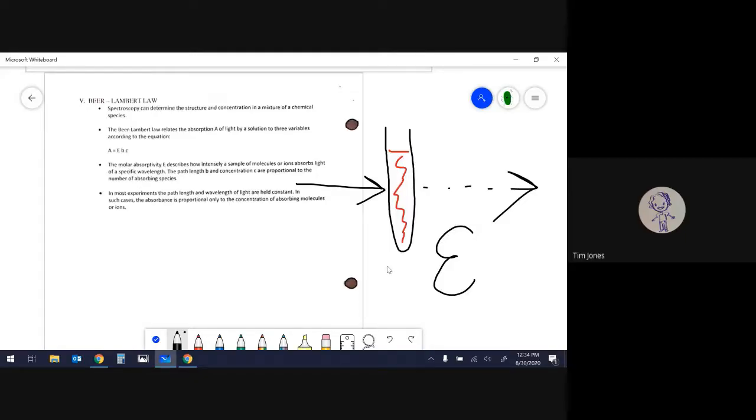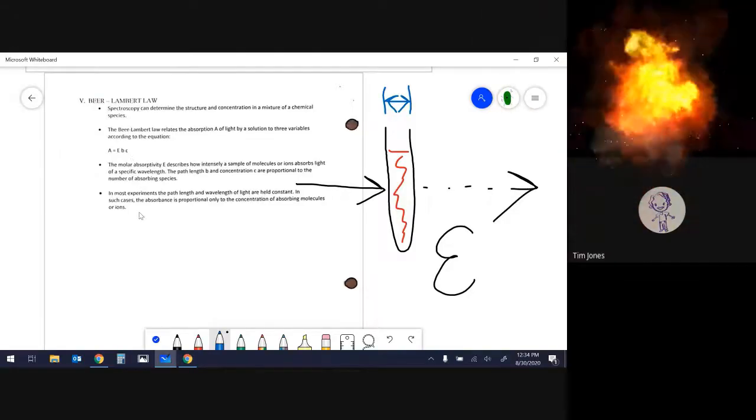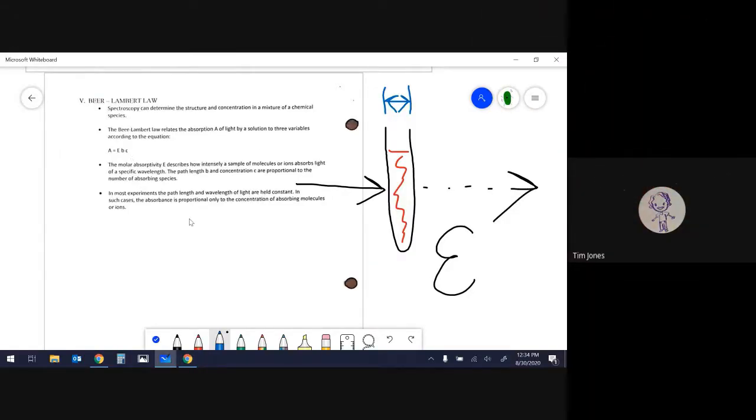So in our particular case, B would be this distance from here to here. C is the concentration, typically in molarity, and we'll see that in the lab. I'm mainly just introducing this right now so you have a little bit of background before we get to the lab, and we'll cover that in detail.